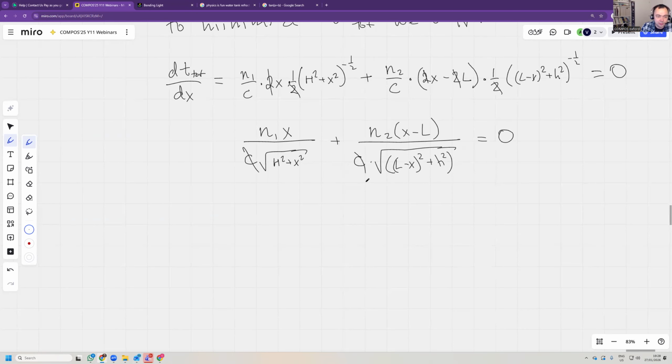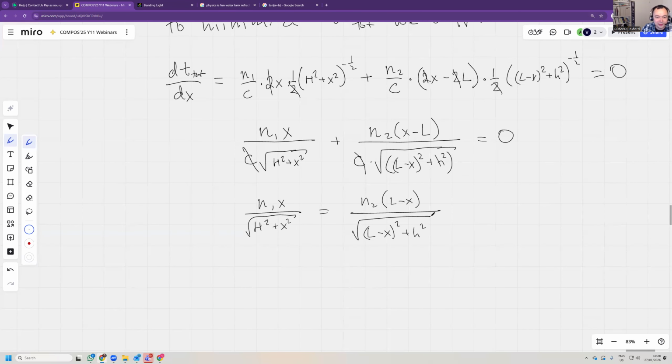We can remove the c's. Oh, we can take one to the other side. So we get n1 x over square root of h squared plus x squared must equal n2 times l minus x over square root of l minus x squared plus h squared.